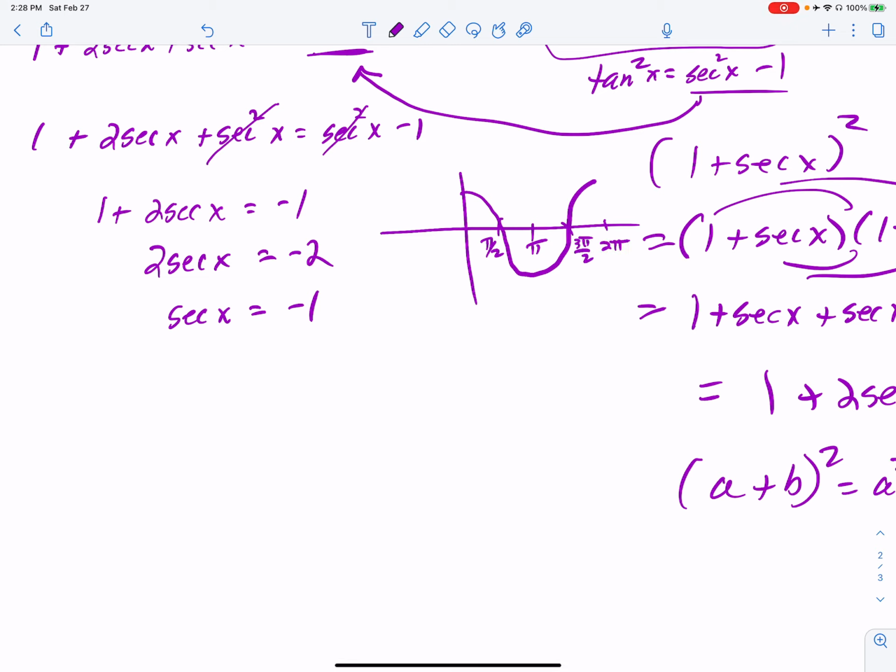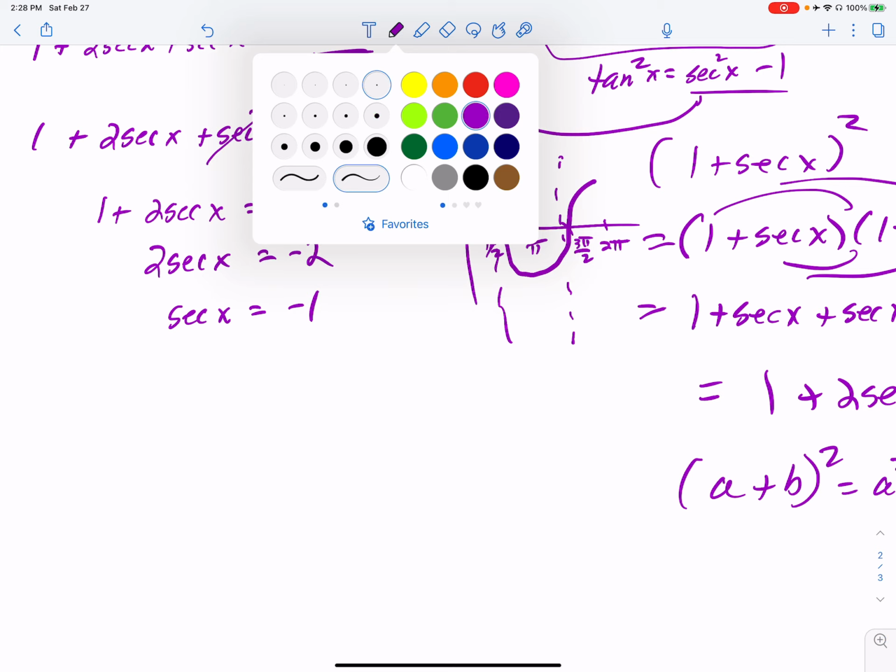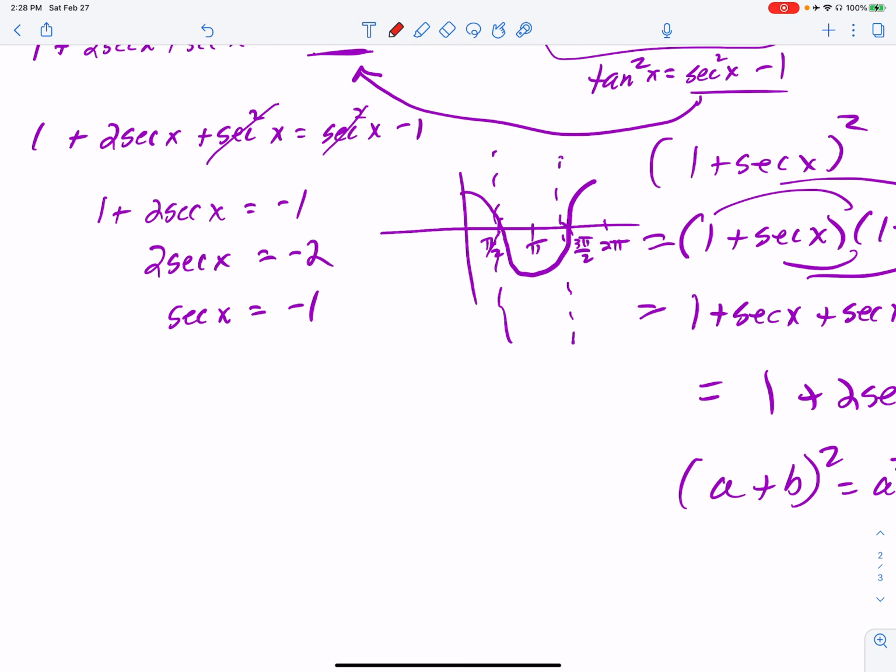And when you graphed the secant, where cosine was 0, you had vertical asymptotes. And since secant was the reciprocal of cosine, secant graphed like this, and they met up in the spots where cosine was 1 or negative 1. So secant's going to be negative 1 at pi. So there's one way to think about it.